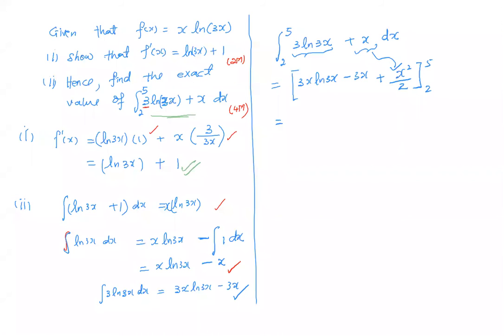So I have 15 ln 15, take away 15 plus 25 over 2, take away 6 ln 6, take away 6 plus 2.